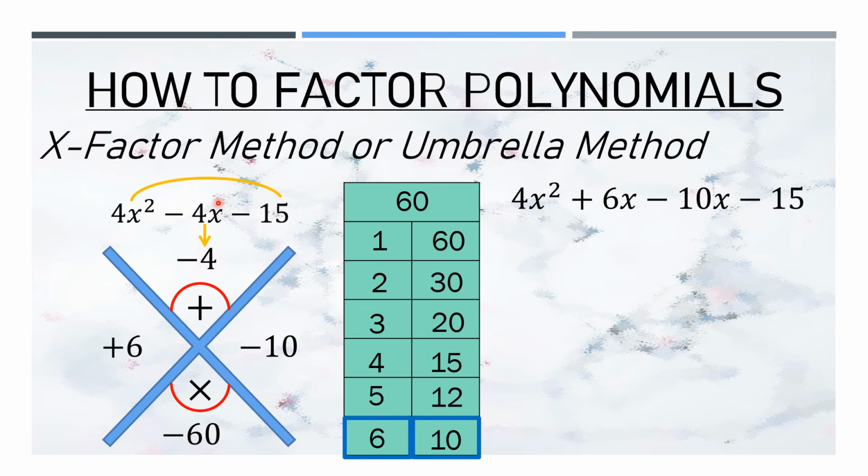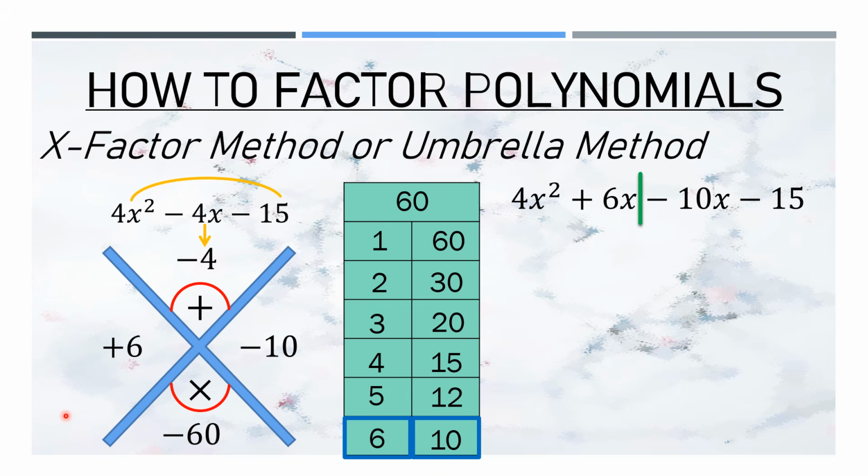And then, kinopya lang natin yung 4x squared at yung negative 15. Okay. Yung negative 4x ay napalitan ng positive 6x minus 10x. Because when we combine or when we solve positive 6x and negative 10x, the answer is negative 4x. Okay, now, nai-expand na natin yung given polynomial.